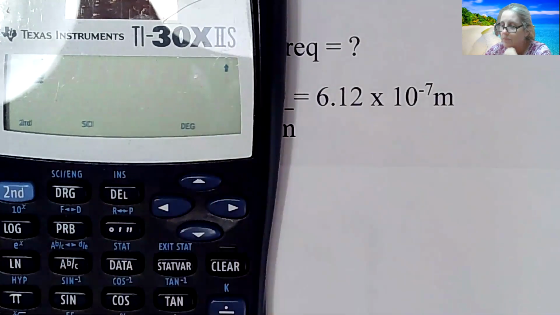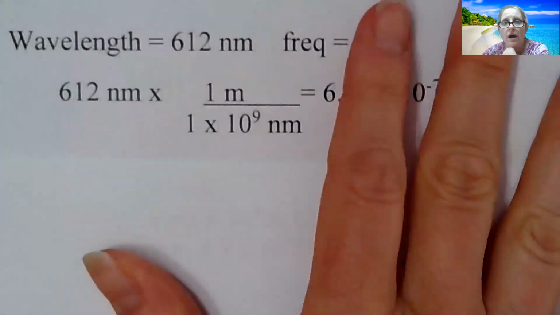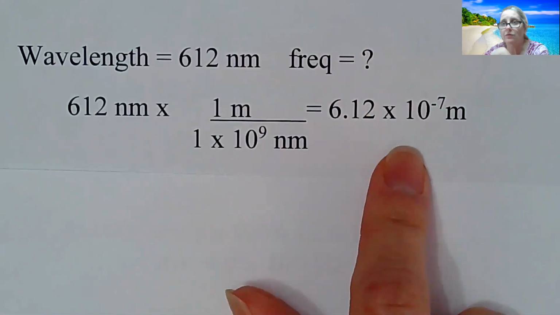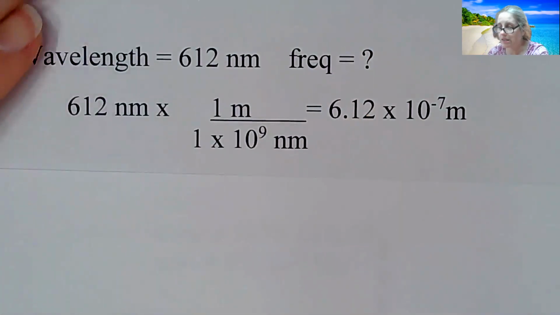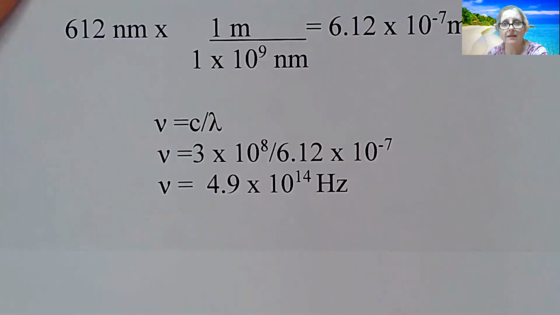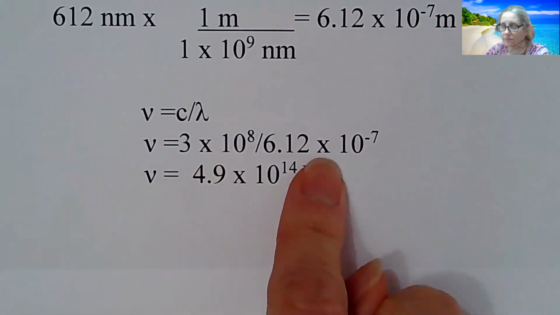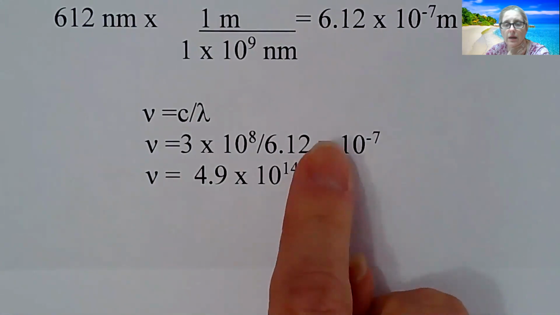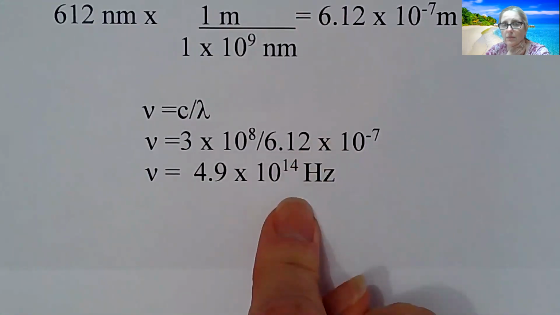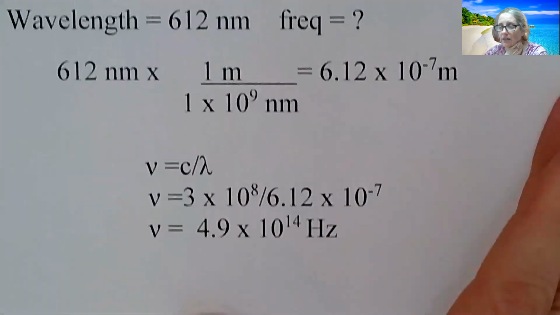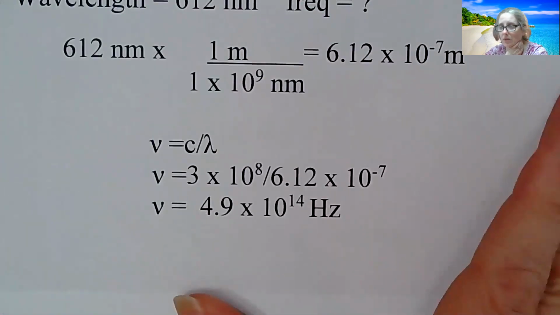So that's the first thing that you do when you do anything with nanometers: it has to be in meters before you do any calculation I'm about to teach you. Once that's done, it's the same. 3 times 10 to the 8th divided by your meters, and I get my hertz. So that is going to be another step in the calculations that I'm going to have you do.